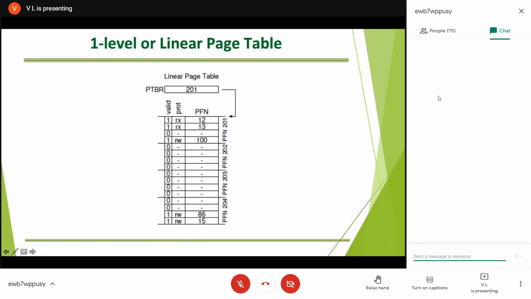The operating system will load the page table base register when the program is loaded for the first time, or after a context switch. Naturally, during a context switch, the value of this register will also be saved and restored when the process comes back.